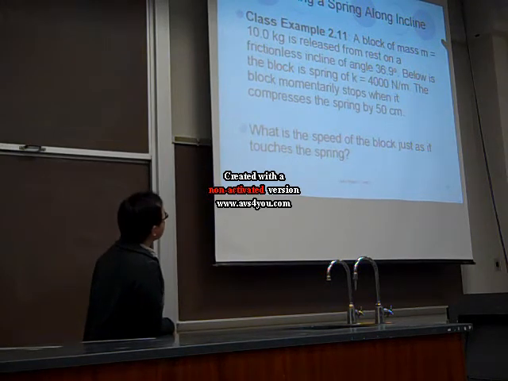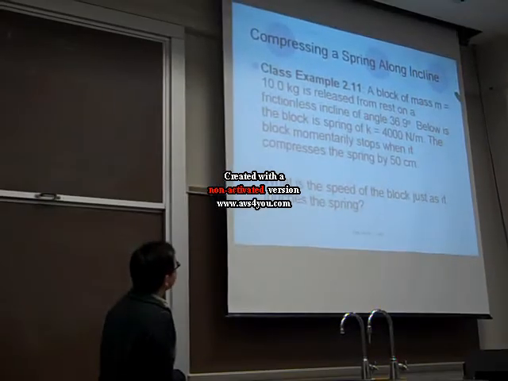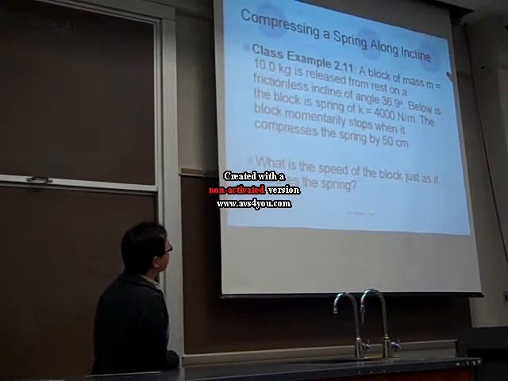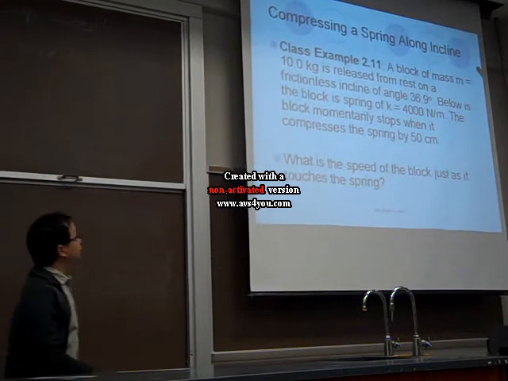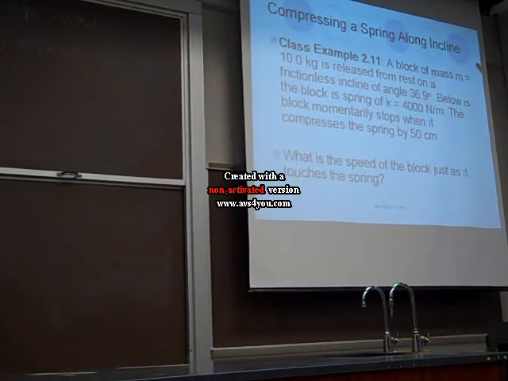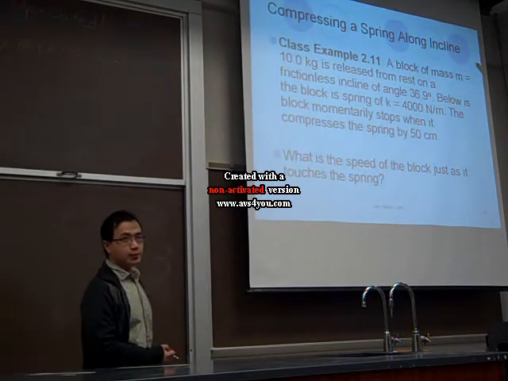A block with mass m equals 10 kg is released from rest on a frictionless incline. The angle of the incline is 36.9 degrees.